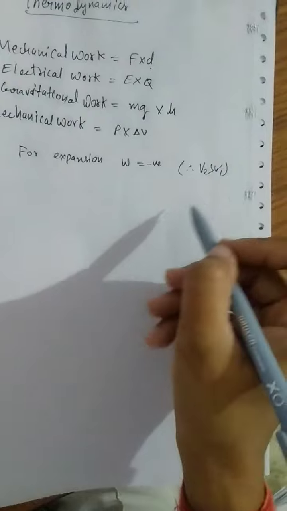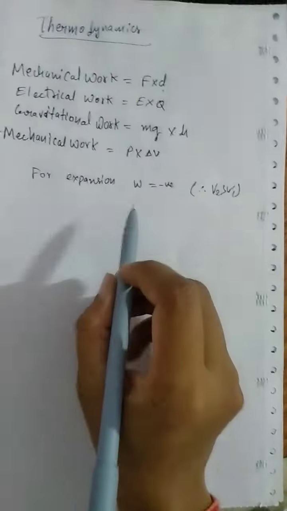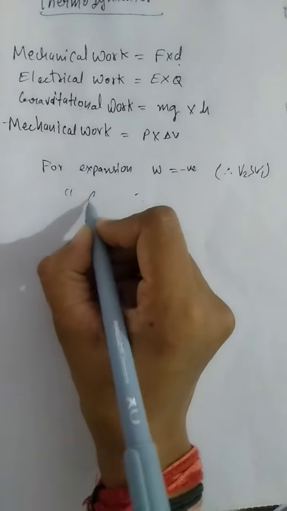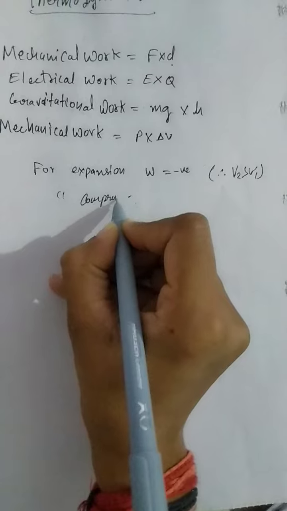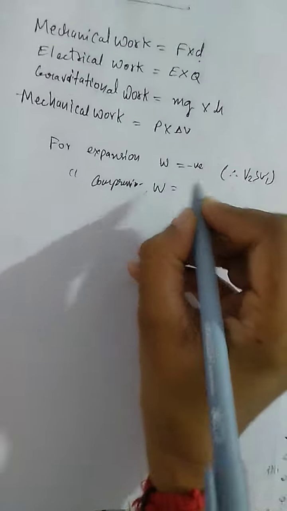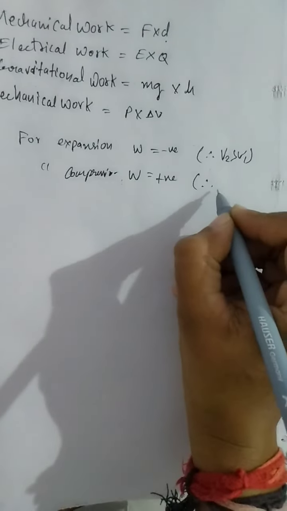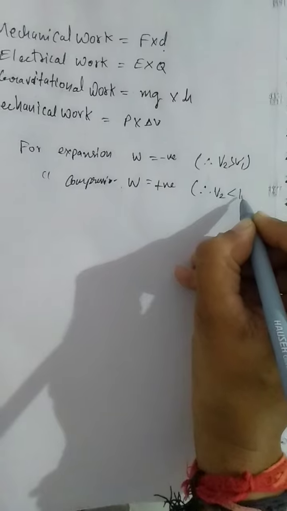You know about system and surrounding, so from there it is. And for compression, it is W equal to positive, that is because V2 is less than V1.